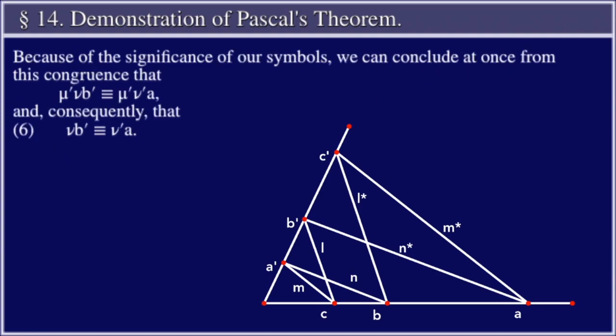Because of the significance of our symbols, we can conclude at once from this congruence that μ'νb' is congruent to μ'ν'a, and consequently that 6. νb' is congruent to ν'a.